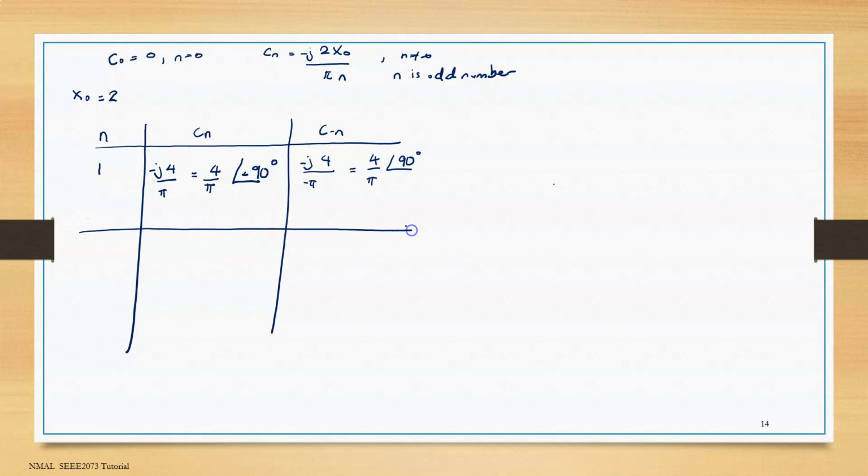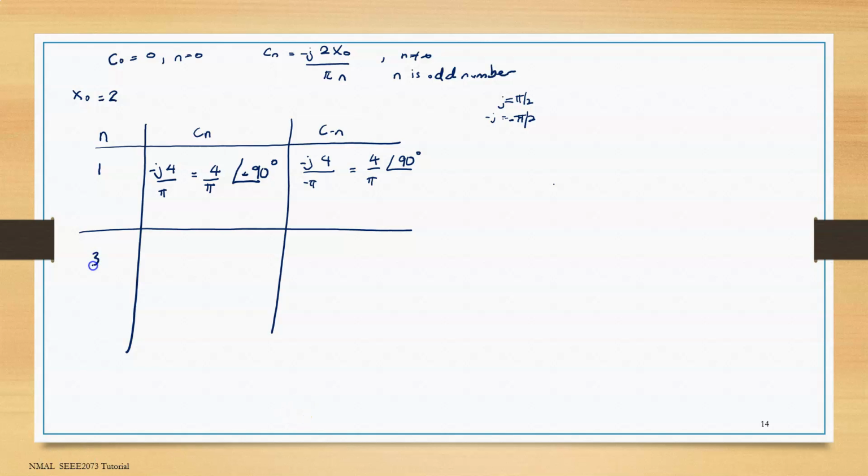Again, remember that j is equal to pi over 2, and negative j is equal to negative pi over 2. Refer to the relationship of the complex exponential form in the graph.